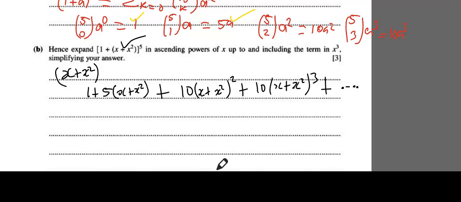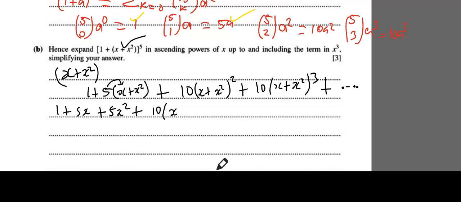We can simplify this. This becomes 1 plus 5 multiplied by x is 5x, and then we also have 5x squared, plus 10 times (x plus x squared) squared. So we can put 10 out and expand that.